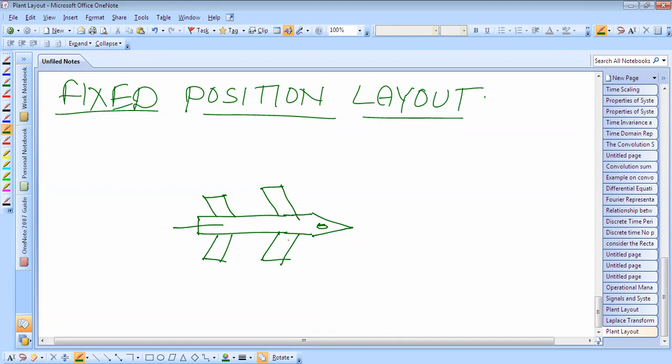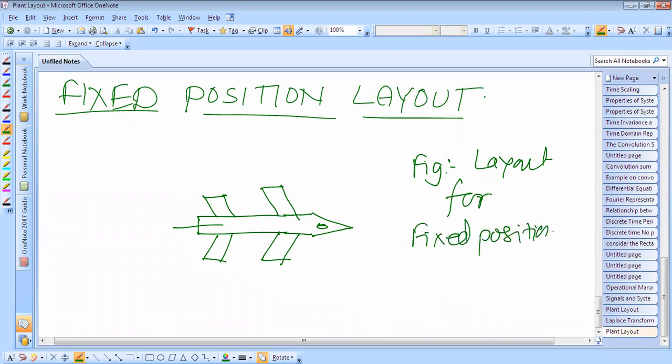So such type of layout is there for the fixed position product. This figure is for the layout for fixed position of products.